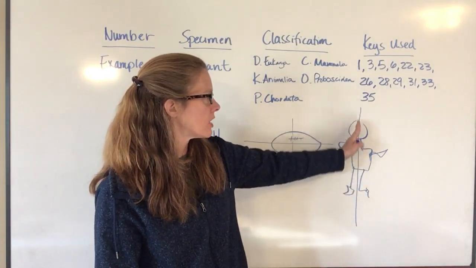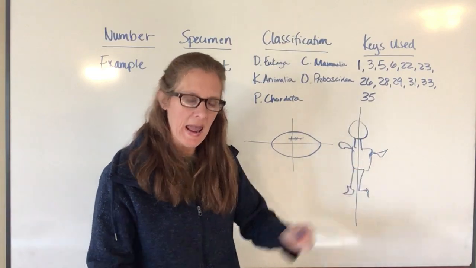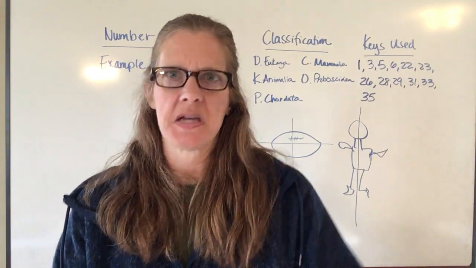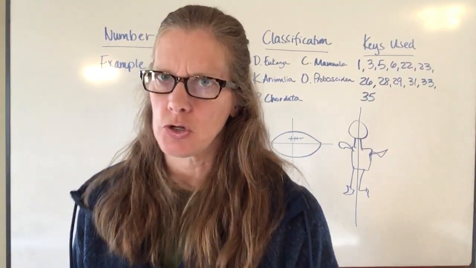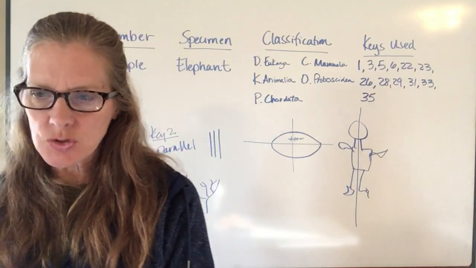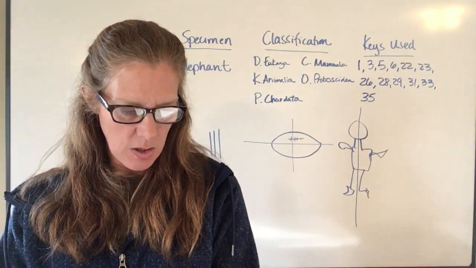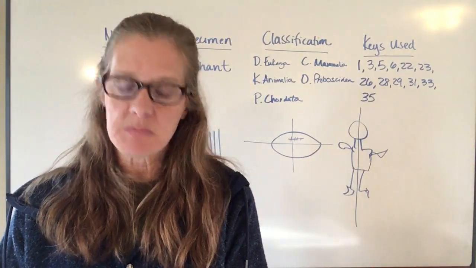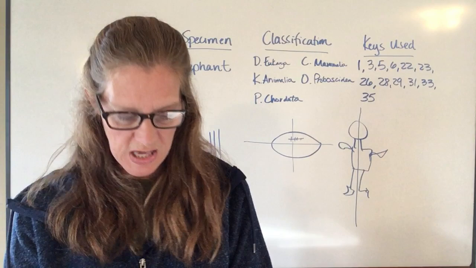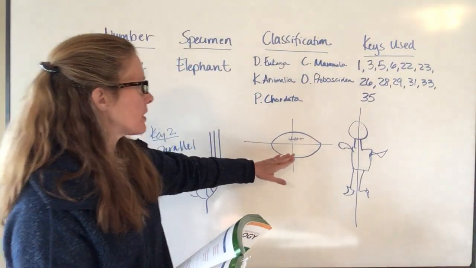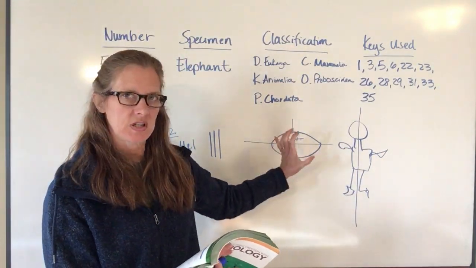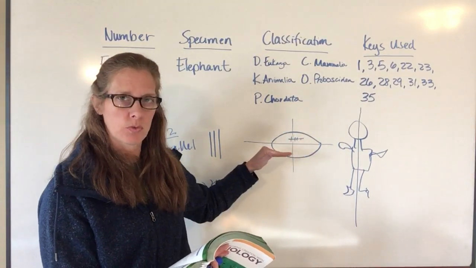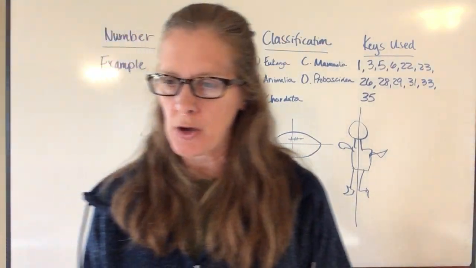So with a person, you can only divide it one way and have halves that look like mirror images of each other. A lizard would be that way, an elephant would be that way. Most of the mammals that you know are going to be that way. And so that's what it's talking about in key number 7, where it says, can you divide it into right and left sides that are mirror images of each other, or divide it into 2 equal halves? Or can you divide it, but there's really no distinguishing between the 2 halves, because I could divide it more than one direction. So that's what that one is talking about.